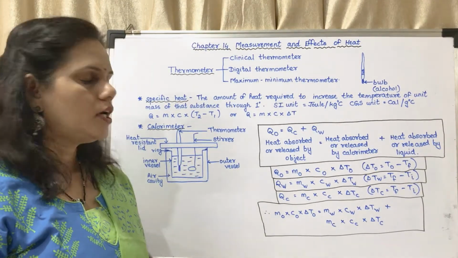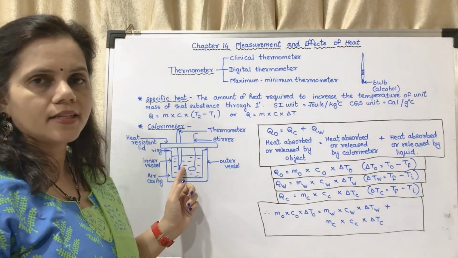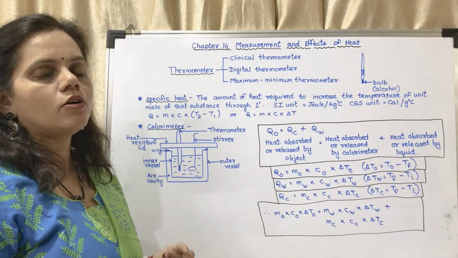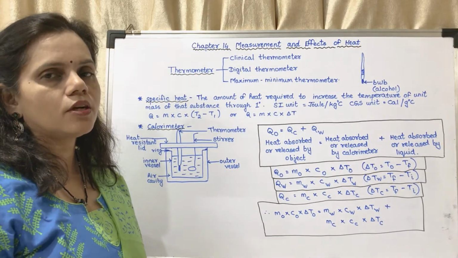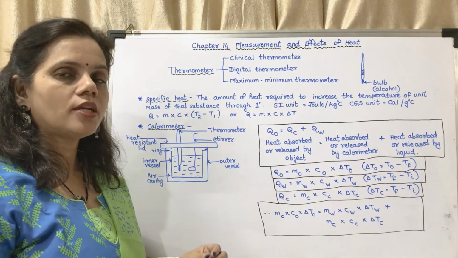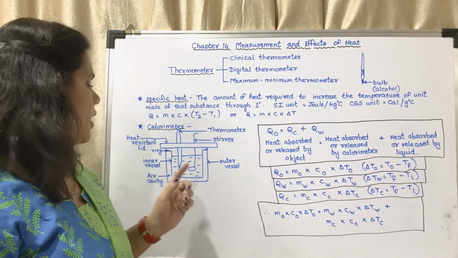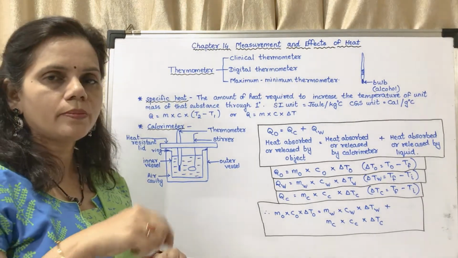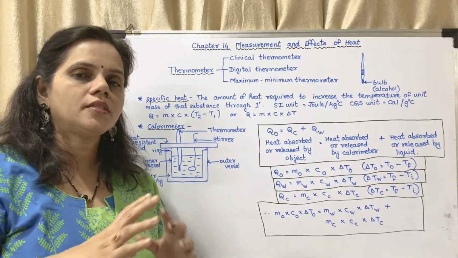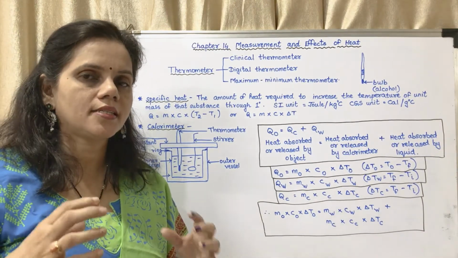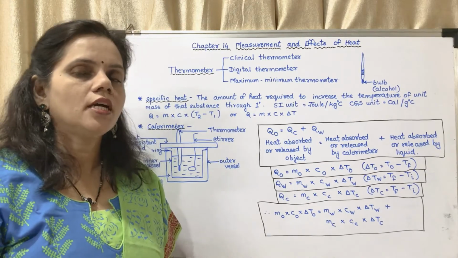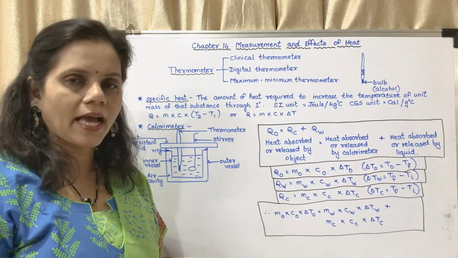Why a thermometer? To take the temperature inside. There is a liquid kept inside, and we note the initial temperature and final temperature of that liquid. The stirrer is to mix the liquid so that the heat is distributed evenly. So this is the structure of a calorimeter.